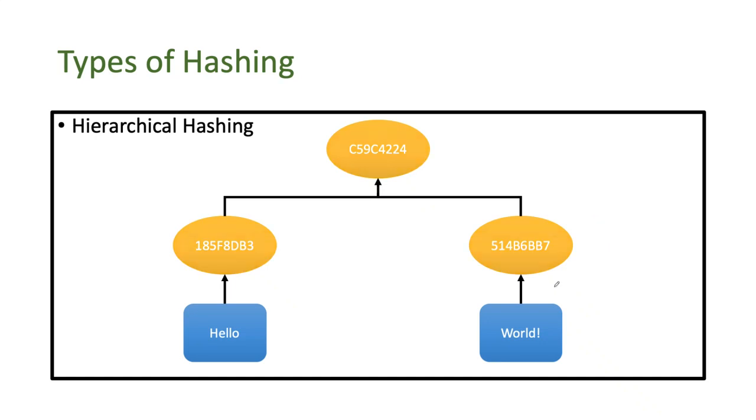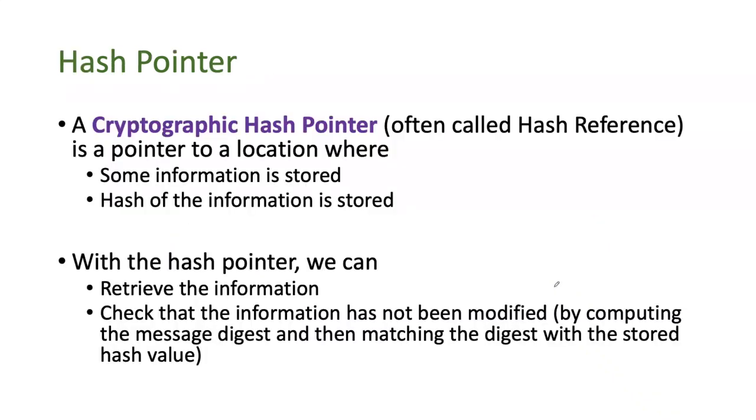Okay, so then comes the importance of your hash pointers, because in blockchain technology, we have seen that first one block will be created. Suppose block 1 is created, and based on the information of this block 1, the next block, block 2, will be created.